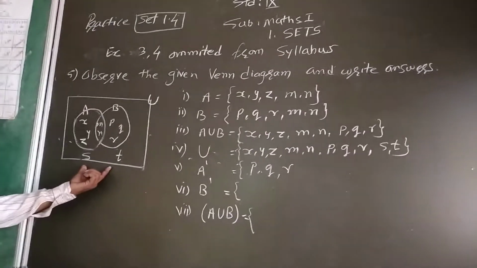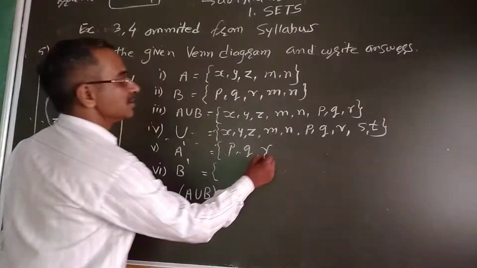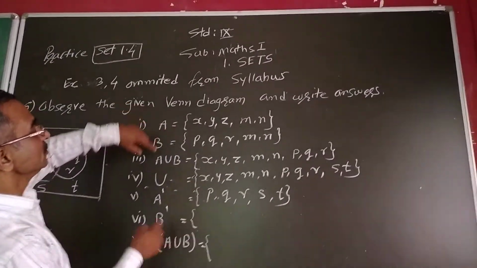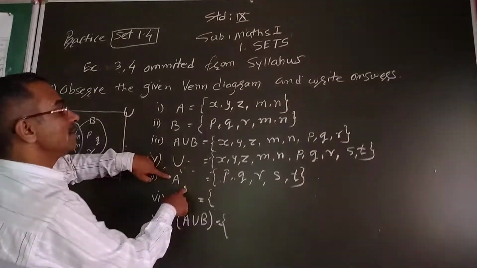And who will remain in the universal set? S and T. मीन्स सिर्फ A को छोड़ के यूनिवर्सल सेट में A में कौन कौन है?